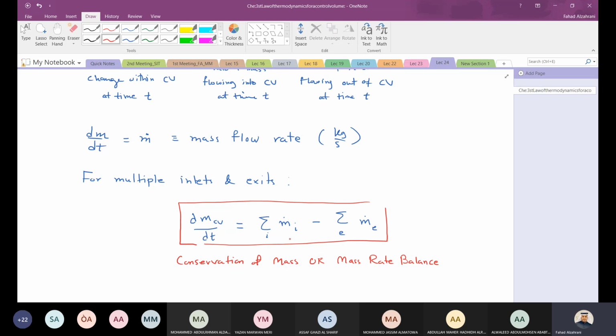Okay, so one of the basic equations that we will derive is the following. We'll talk about it, but the important thing is I would like to evaluate this mass flow rate. Okay, that's my objective now. So how can I evaluate this mass flow rate?